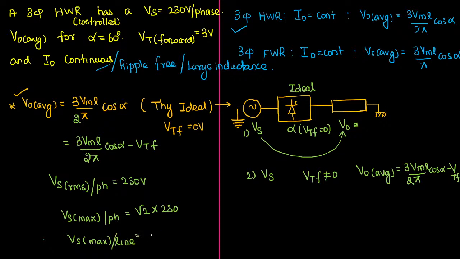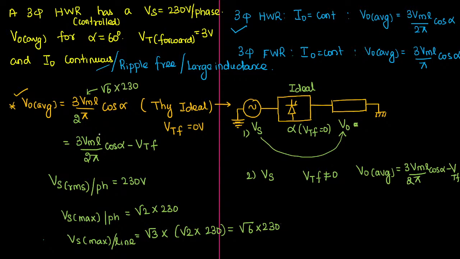We know line voltage equals root 3 times the per phase voltage. Per phase voltage we have already explored, that will be root 2 times 230. So the overall value will become root 6 times 230 volts. Now substitute this value here. This maximum line voltage will be replaced by root 6 into 230.